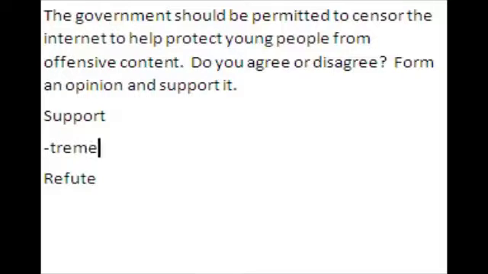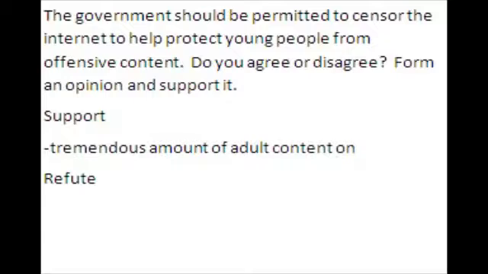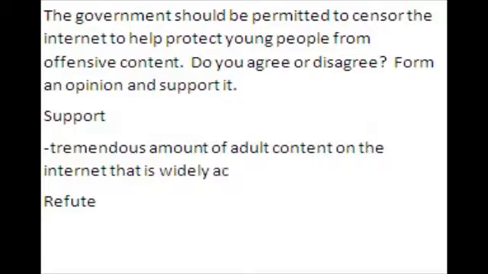So we might make the argument that there's a tremendous amount of adult content on the internet, and that this is widely available to children. So that is one idea that supports the thought that the government should be able to control what people see on the internet.